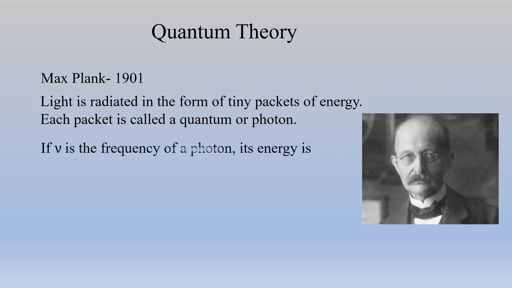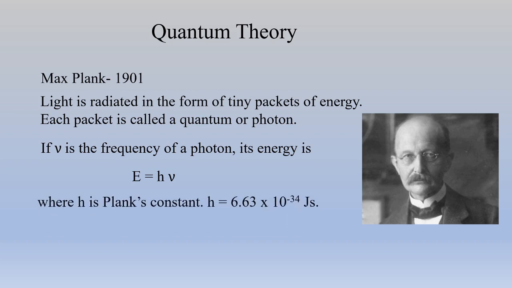If nu is the frequency of the photon, then its energy is given by E is equal to h nu. Here h is a universal constant called Planck's constant. Its value is 6.63 into 10 raised to negative 34 joule second.